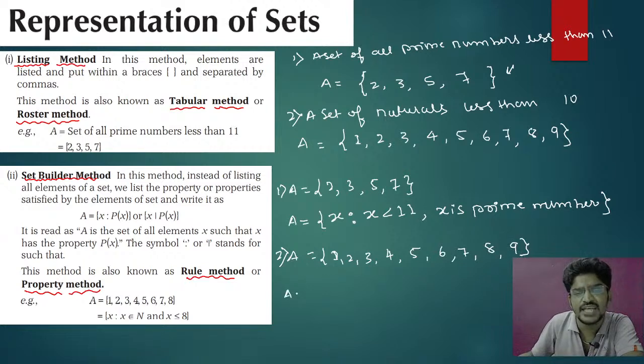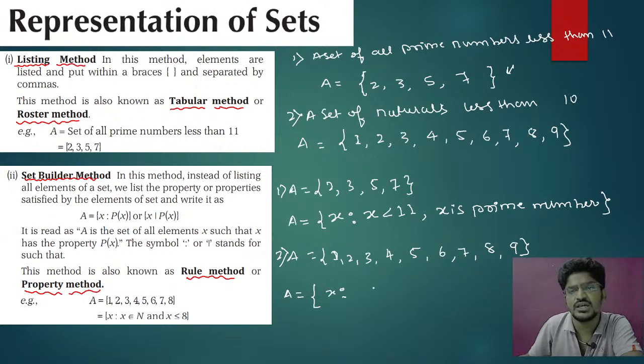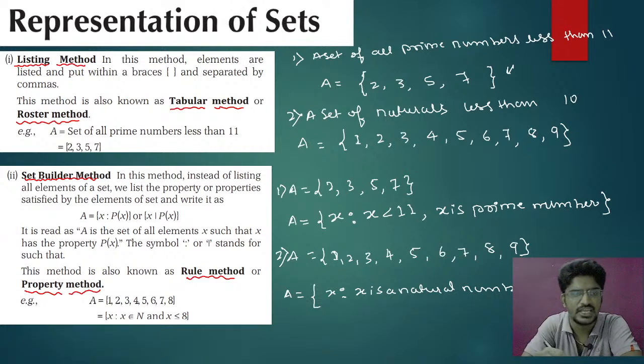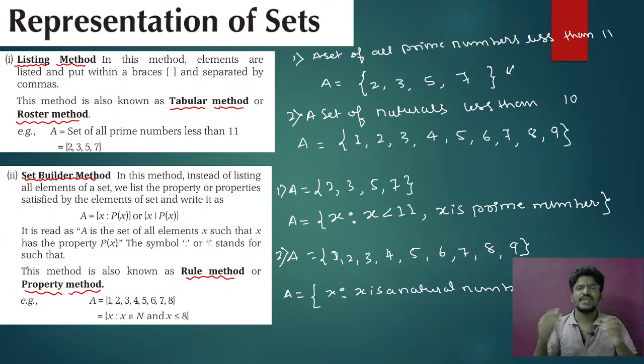I can write it as A equals set of x such that x is a natural number less than 10. If you write like this, it is called set builder method, or rule method, or property method.